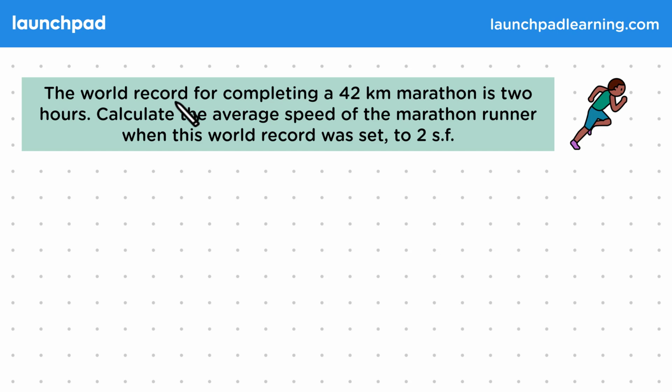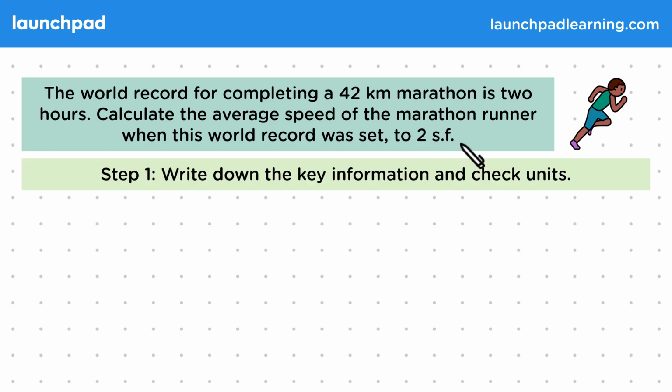The world record for completing a 42-kilometre marathon is 2 hours. Calculate the average speed of the marathon runner when this world record was set to 2 significant figures. So for step 1, let's write down the key information and check the units. The distance is equal to 42 kilometres.